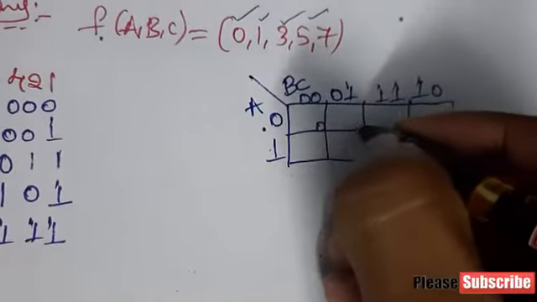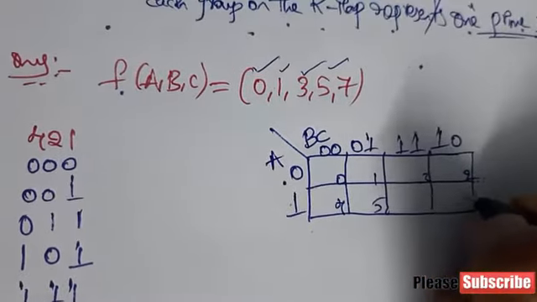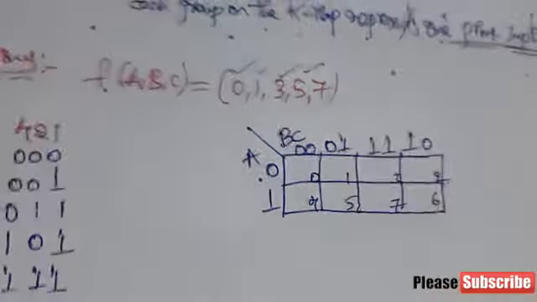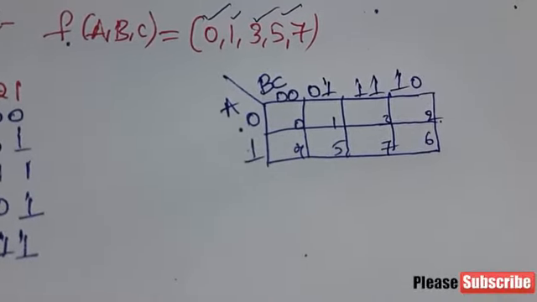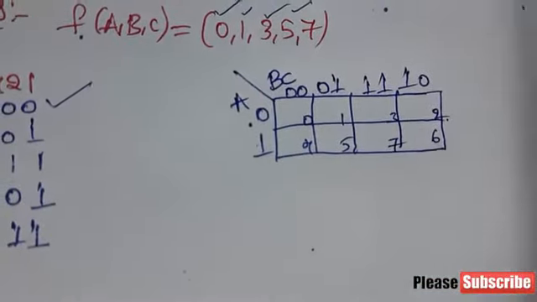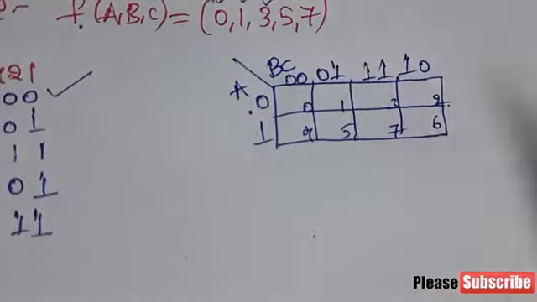This will be 0, 1, 2, 3, 4, 5, 6, 7. Let's see the numericals first. SOP form means in the K-map you will get the ones.